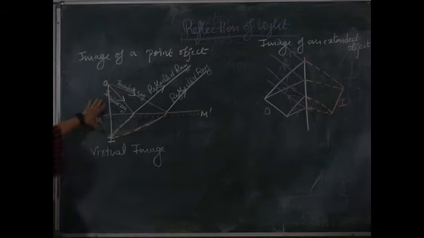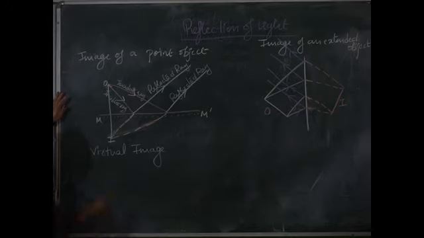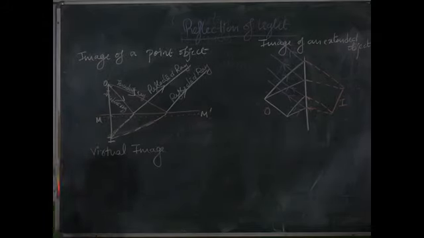The height of the object and the height of the image will be the same. If the object is standing in this way, even the image will be the same way, which means the size of the object will be the same as the image.